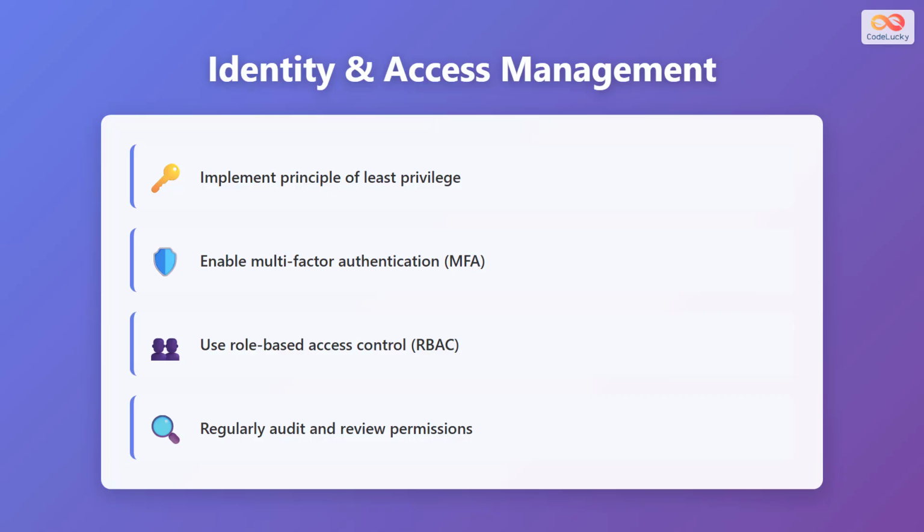Third, use role-based access control, or RBAC, which assigns permissions based on job roles rather than individual users, making access management much more efficient. Finally, regularly audit and review permissions to ensure that access rights remain appropriate as roles and responsibilities change within your organization.